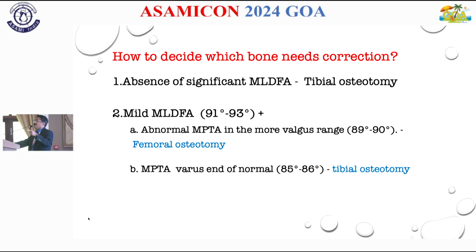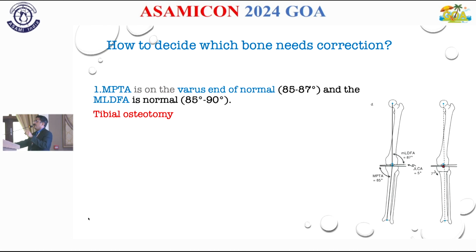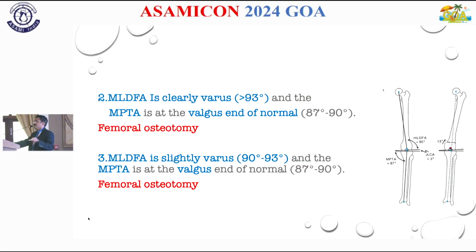When the LDFA is mild but the MPTA is at the varus end of the normal, there you can do the tibial osteotomy. When the MPTA is on the varus end of the normal and the LDFA is normal, there you can do the tibial osteotomy.